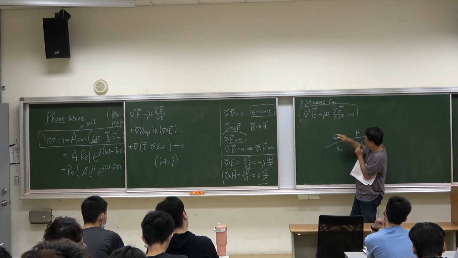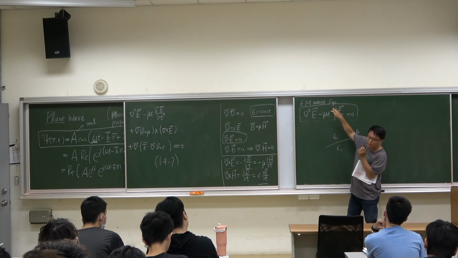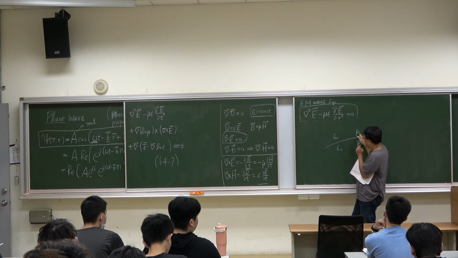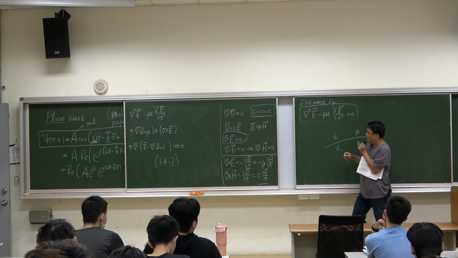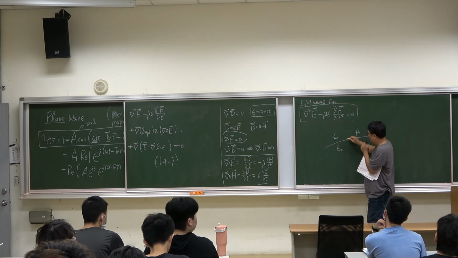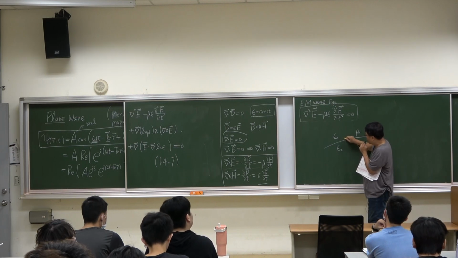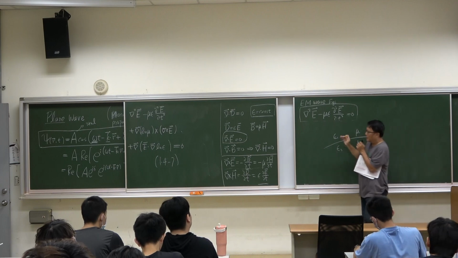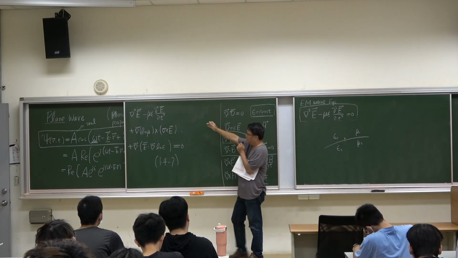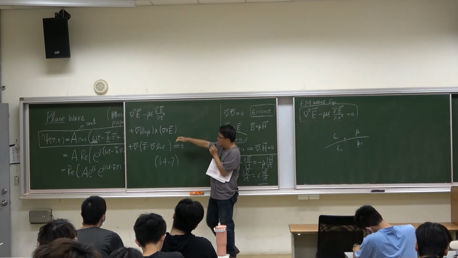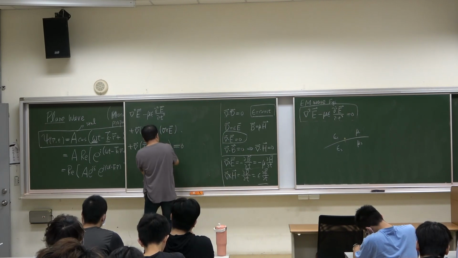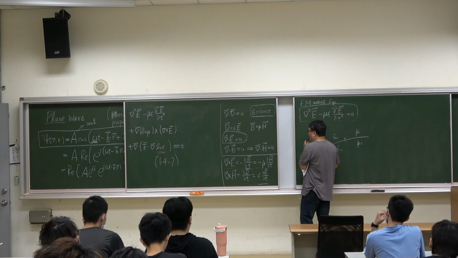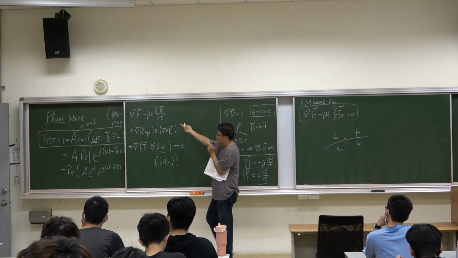In this region you have the same kind of equation, but epsilon equals epsilon 1 and mu equals mu 1. However, if you must cross this interface, then you encounter the situation that epsilon changes from epsilon 2 to epsilon 1, or mu from mu 2 to mu 1.